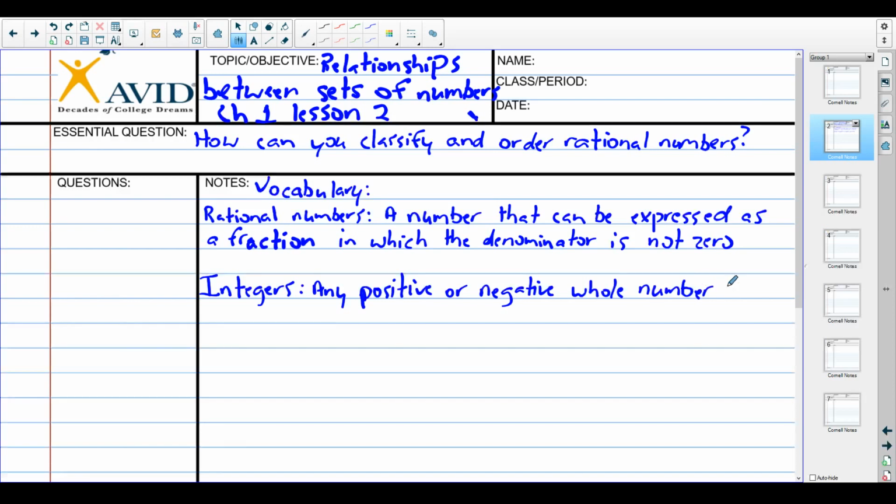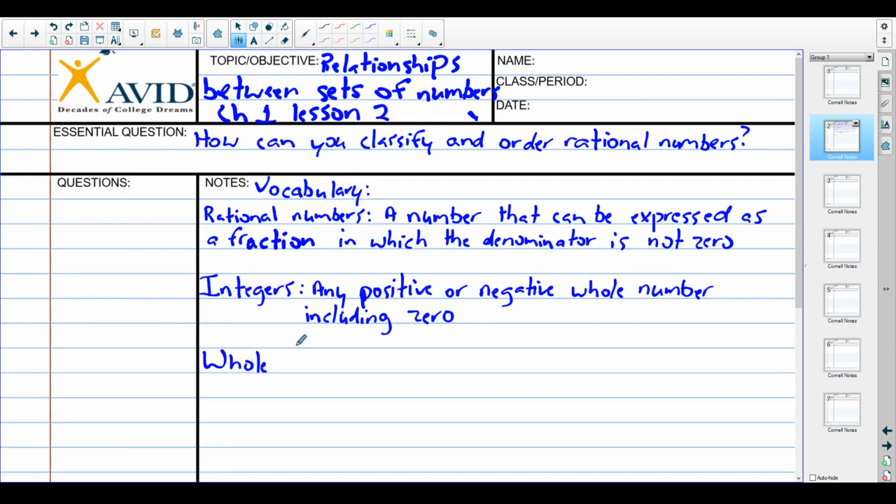So any positive or negative whole number, including 0. Okay? So that's like -3, -2, -1, 0, 1, 2, 3, 4, 5, and so on. So anything basically that doesn't have a decimal at the end, or doesn't have an extra fraction, has to be an integer.